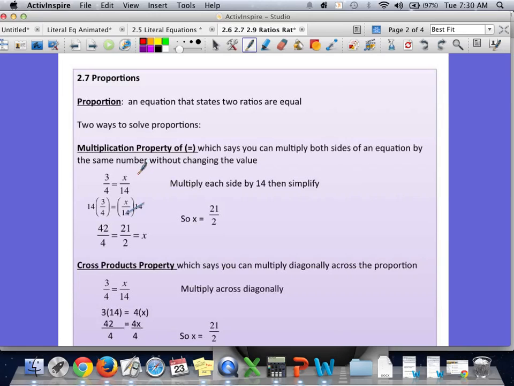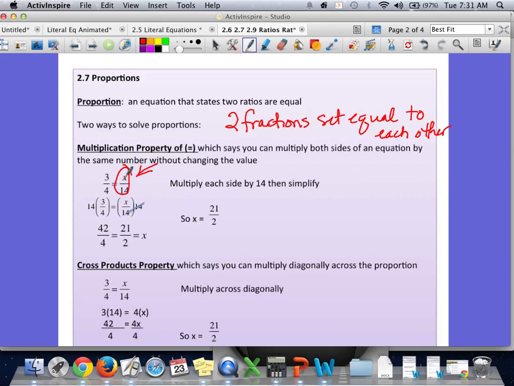On this one right here, we have 2 fractions. That's what proportions are. They're going to be 2 fractions set equal to each other. Okay? So on this one we have 3 divided by 4 is equal to x divided by 14. You notice that we have x divided by 14 over here.